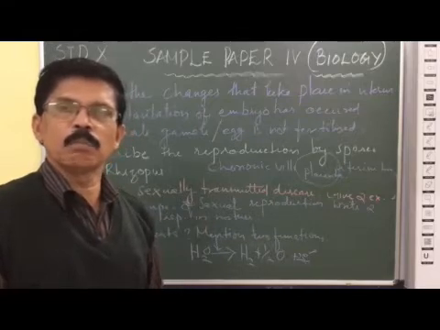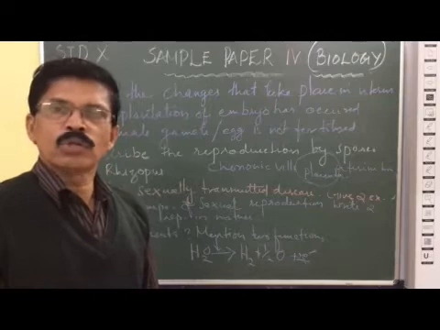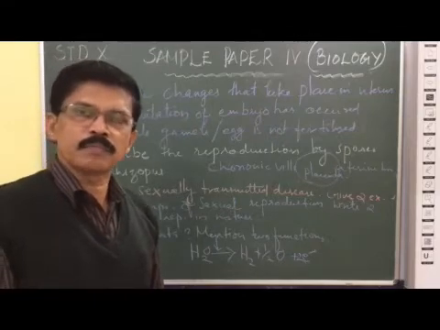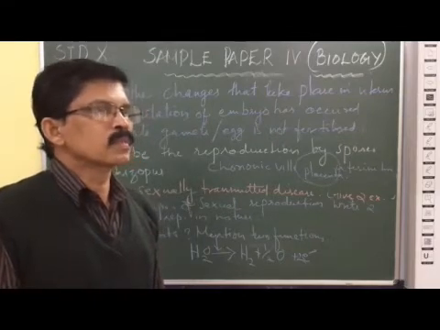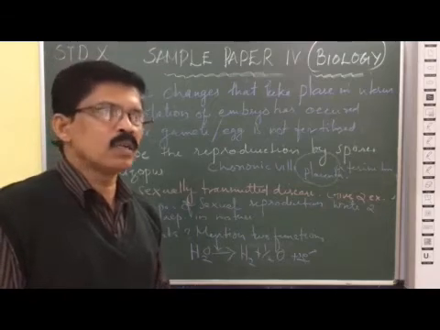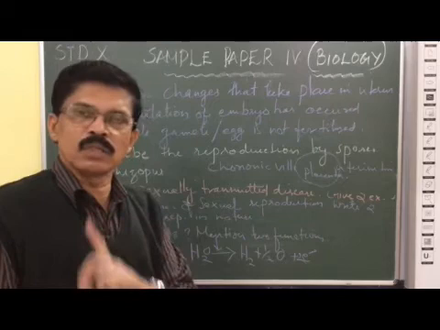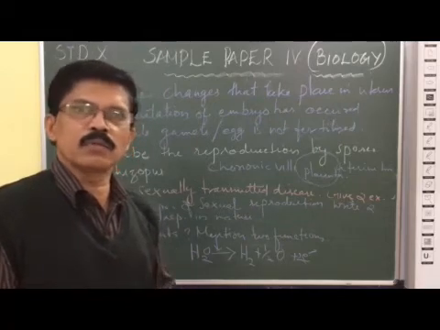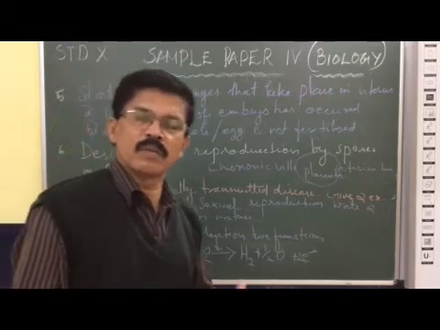This is called menstruation. Usually menstruation takes place once in every 28 to 30 days. It will last for at least 5 to 6 or 7 days.